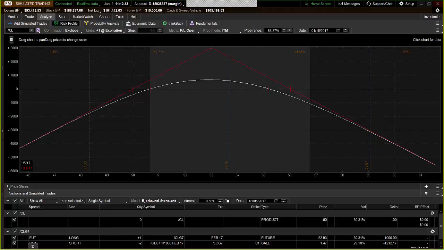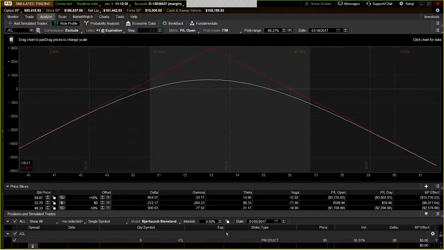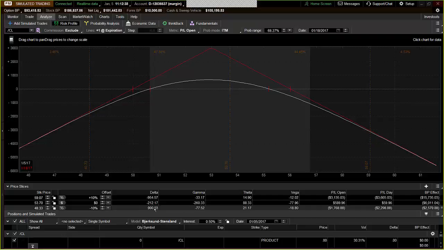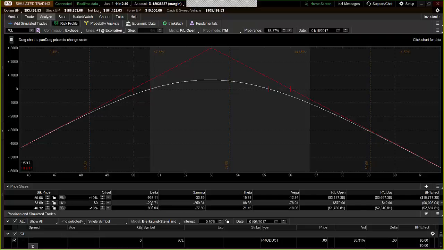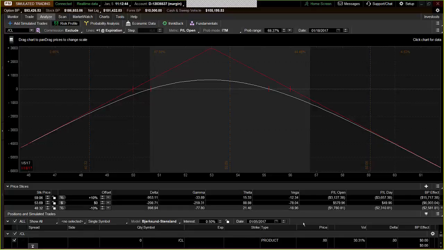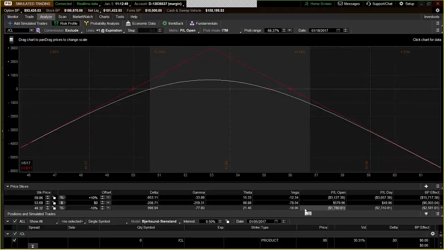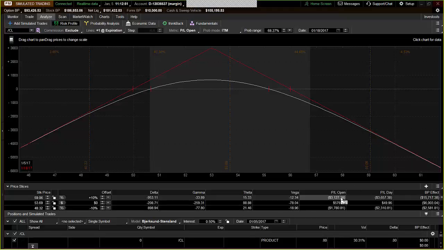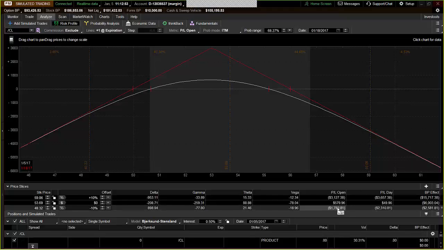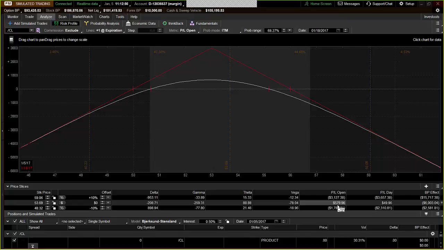Let me get this price slices open. This is showing that I have a delta of minus 208, 212 right now, and that I'm collecting about $88 a day. Since this has been open, it's made $579.